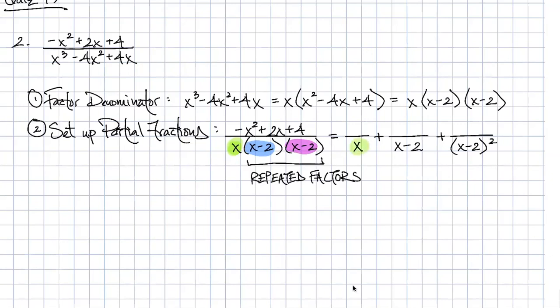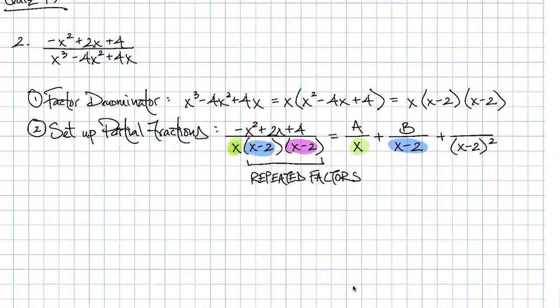If it is linear, the numerator has to be a constant, just a number with no x on the top, because otherwise they would cancel out. Then with the blue denominator, x minus 2, that's also linear, so I need a different constant on top of that one.